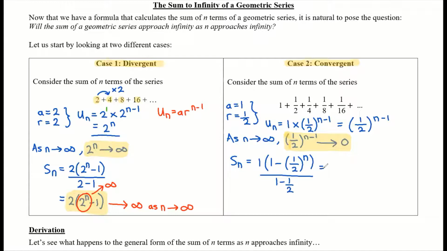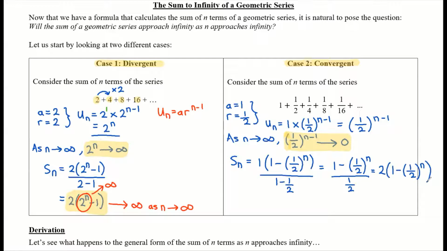Now we can just tidy this up a little bit. We're going to have 1 subtract 1/2 to the power n all over what is effectively just a half. In other words, if I put top and bottom by 2, I'm going to get 2 multiplied by 1 subtract 1/2 to the power n. I think that's the best way to write it. So this is the sum of the n terms.